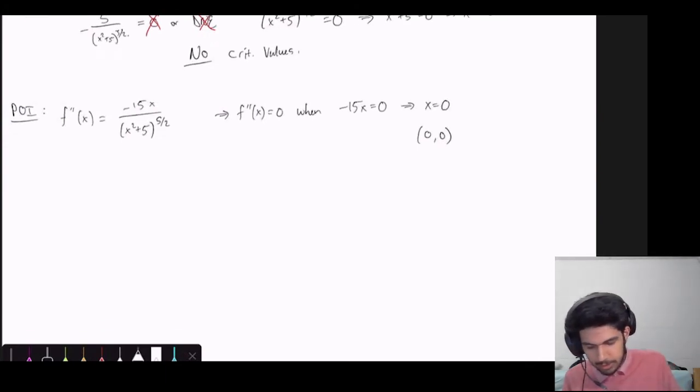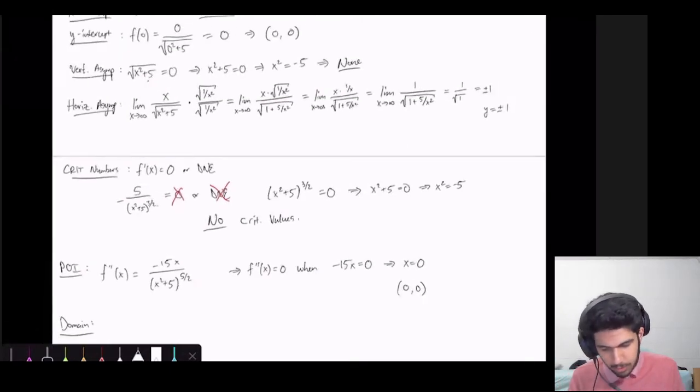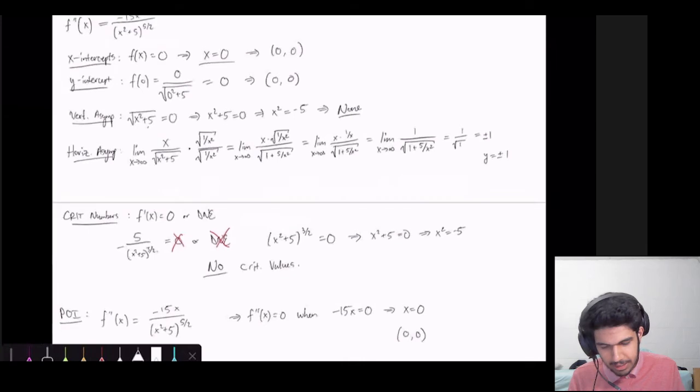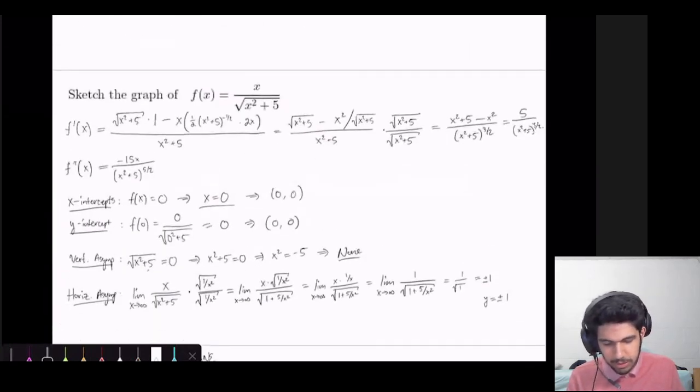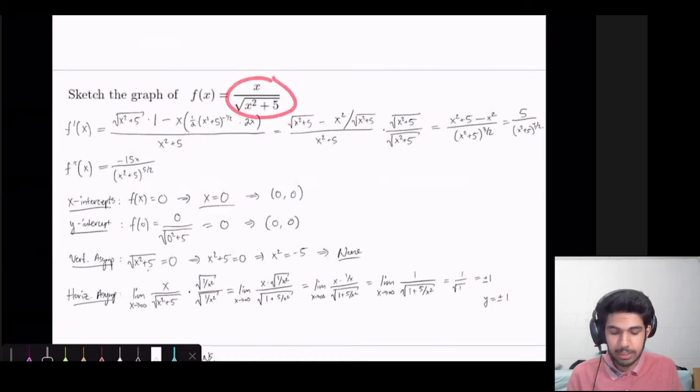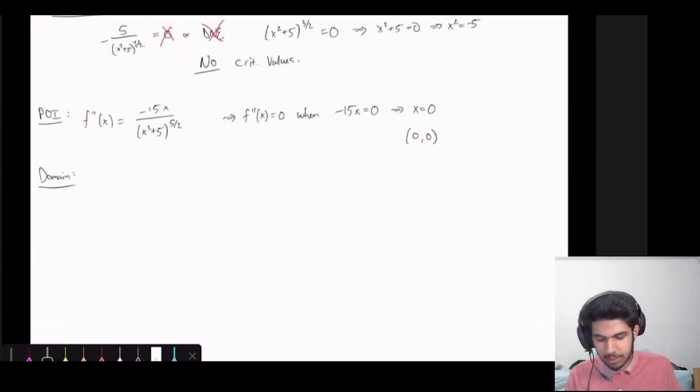Cool. So now let's consider the domain. Well, what are the things of interest? We don't really have any vertical asymptotes or critical values. We can plug literally anything into here and we'll get something useful. So there's really nothing to worry about.